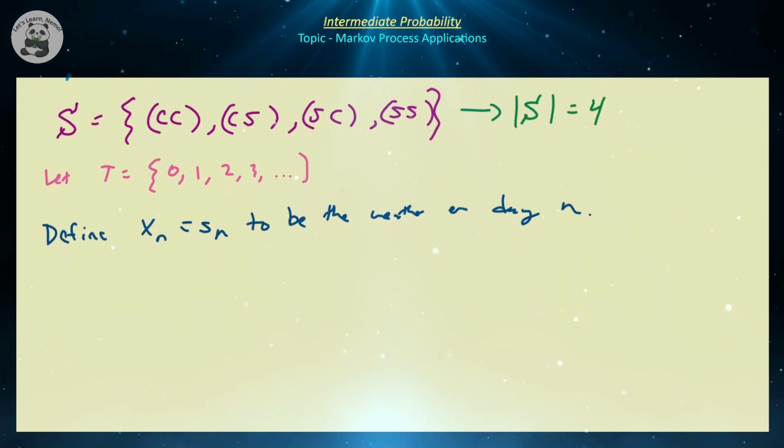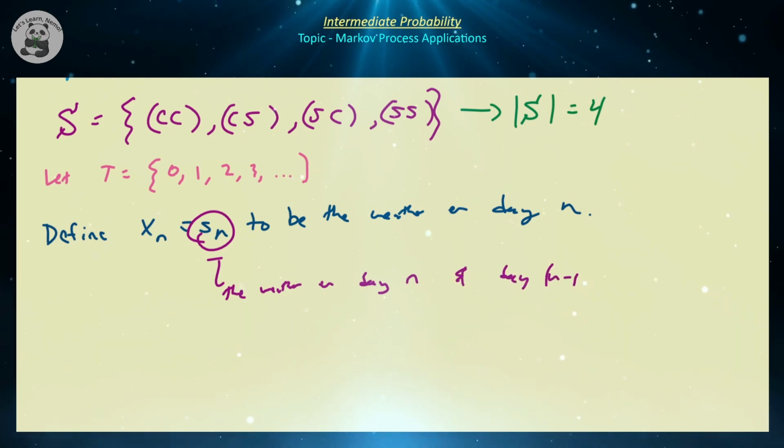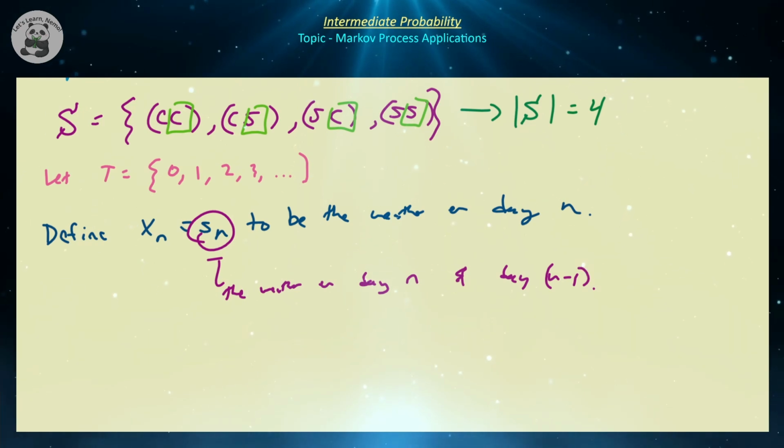But in terms of this pairing, this Sn corresponds to the weather on day n and day n minus 1. So when you look at these pairs, that's the day of reference, and the one before it is the day before that day of reference.